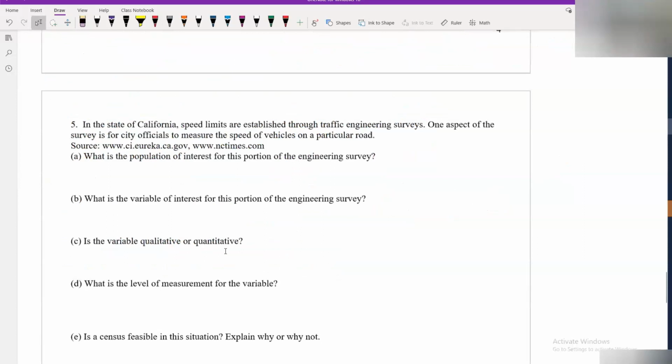In the state of California, speed limits are established through traffic engineering surveys. One part of the surveys is for city officials to measure the speed of vehicles on a particular road. Can you answer this one? What is the population of interest for this portion of the engineering survey?